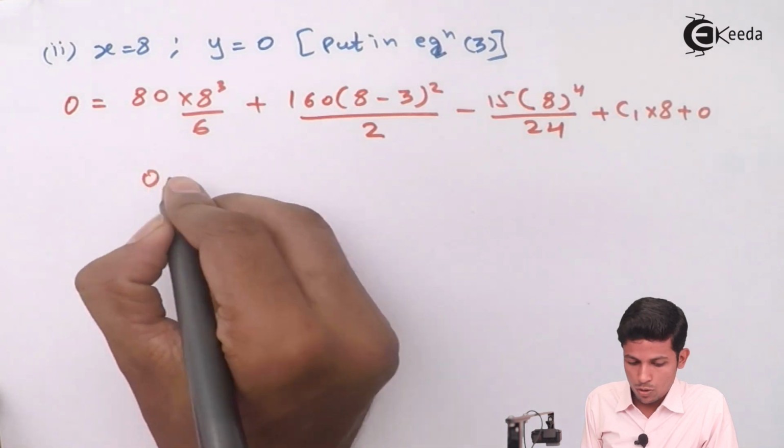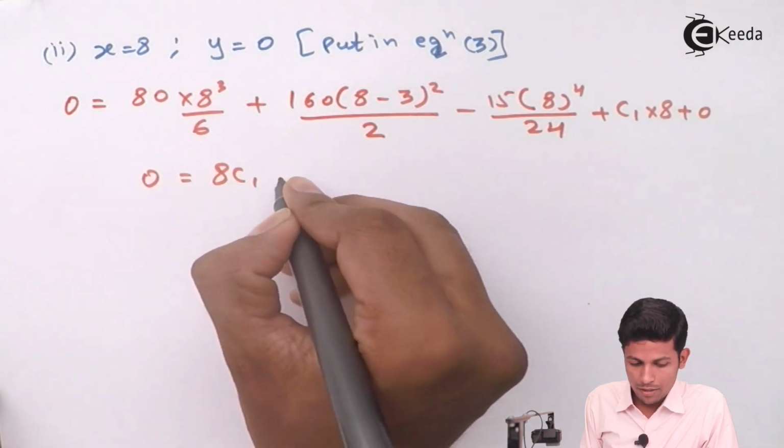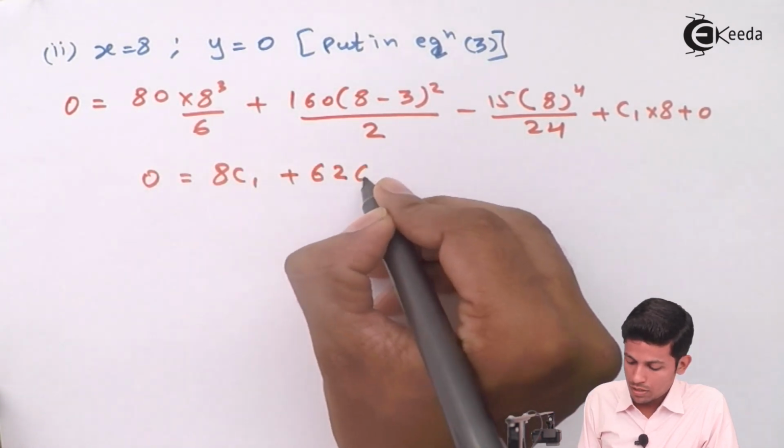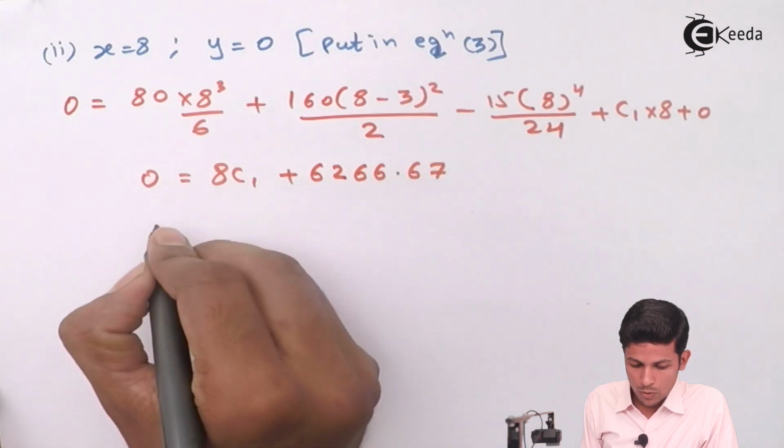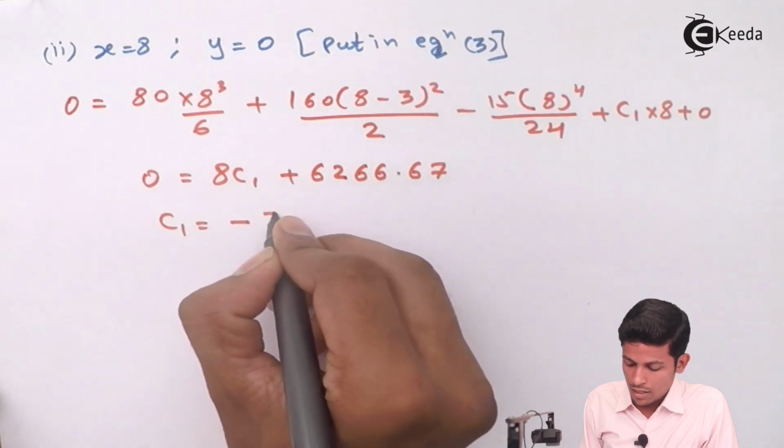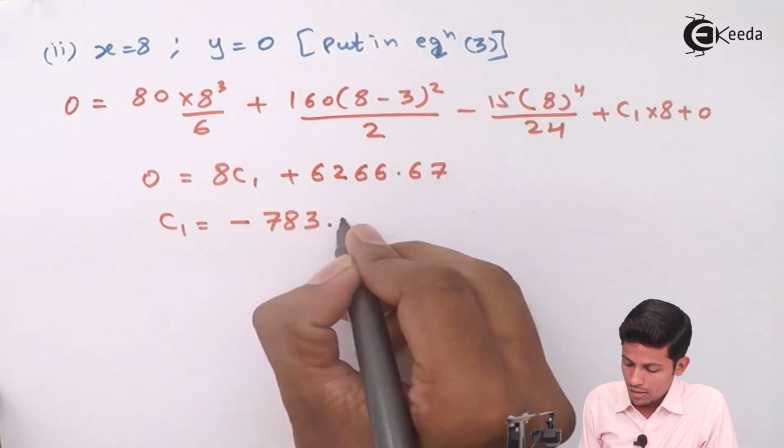Now 0 is equal to 8 C1 plus 6.67. Now you get the value of C1 will be minus 783.33.